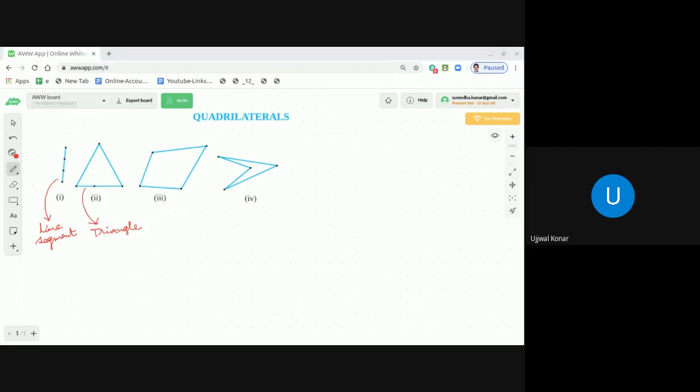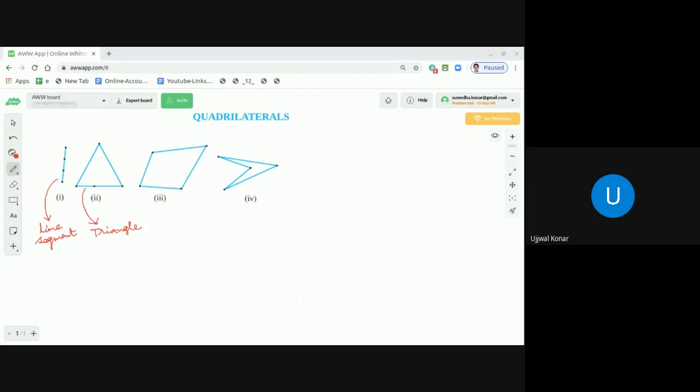Now, if no 3 points out of the 4 are collinear, what do we obtain? We obtain a closed figure, as you see in diagram 3 and diagram 4.